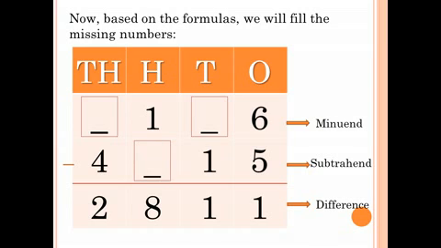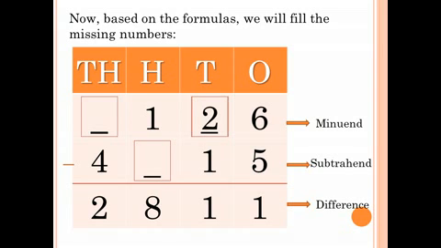In the ones place that we have already got, 6 minus 5 is 1. Now in the tens place we have to find out the minuend. Now what is the formula for minuend? Difference plus subtrahend. So 1 plus 1 is 2. So our answer in the tens place is 2.